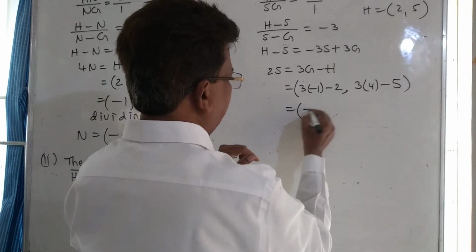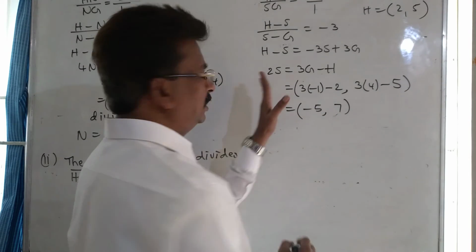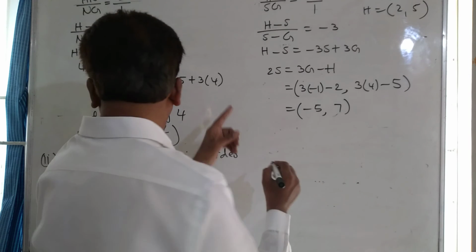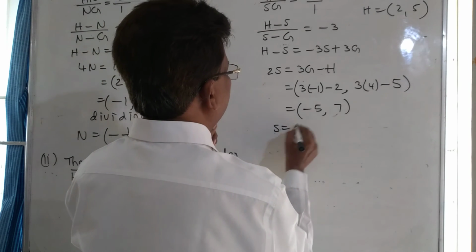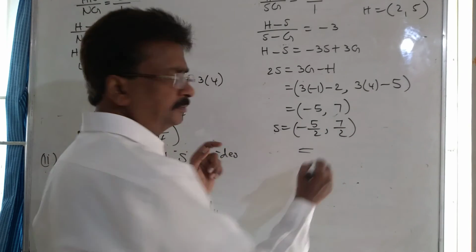This is -5, 12 minus 5, 7. It is 2s, and s is obtained by dividing by 2. S is equal to -5 by 2, comma 7 by 2.